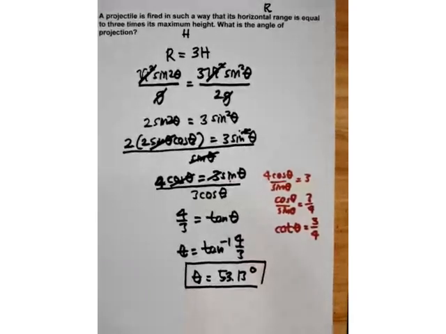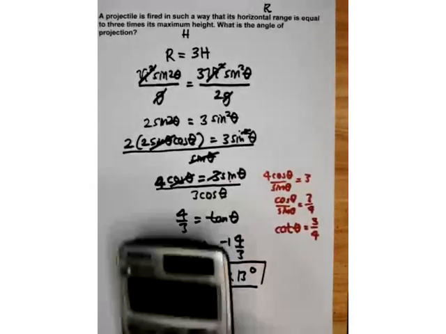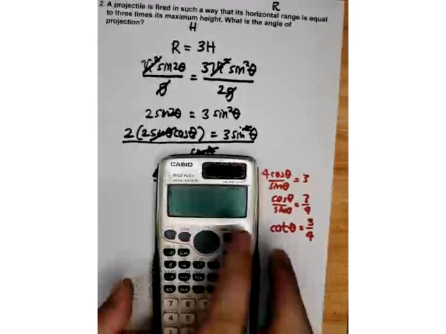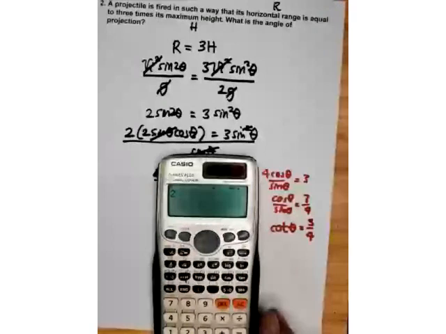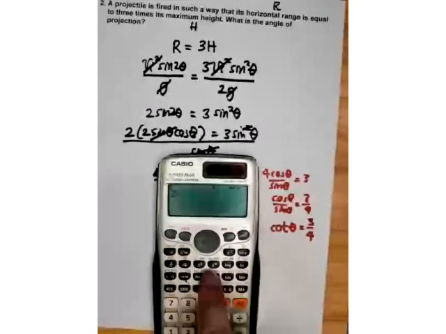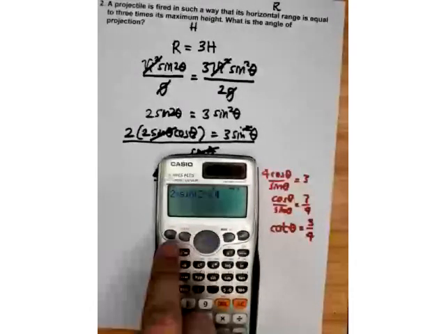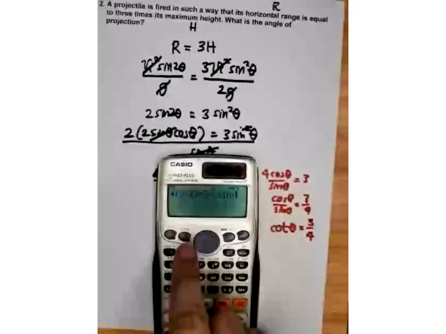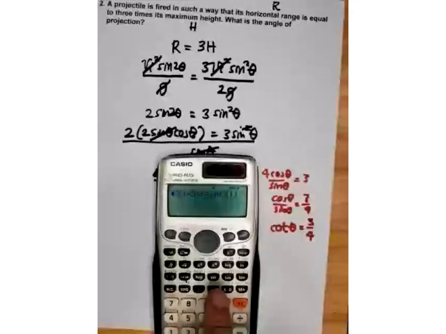Pwede mo siyang i-shift solve. Paano ba siya shift solve? Kahit naman dito, pwede mo siyang i-shift solve. 2 times sine alpha x, 2 times alpha x is equal to 3 times sine alpha x squared.